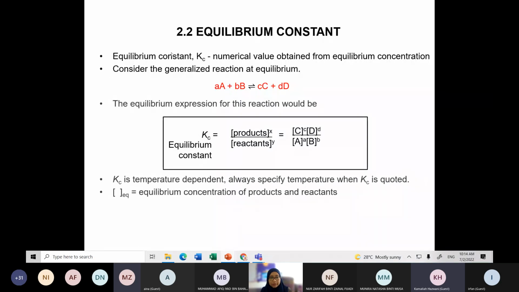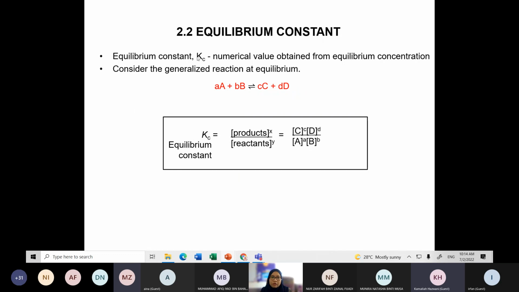So what is equilibrium constant? Equilibrium constant, we could simplify as Kc, capital K and then C. Constant means K. Remember the rate law last time in the topic chemical kinetics, we have the rate constant, which we represent as small k.